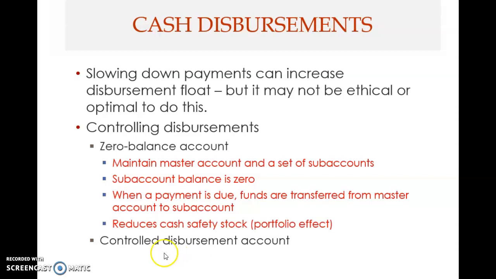Likewise here, by having a set of different accounts, the idea is not all the accounts will have a need for payment at the same time. There will be some accounts where you have a positive balance, some will have a negative. Some will be in deficit, some will be in surplus. So one will offset the other.